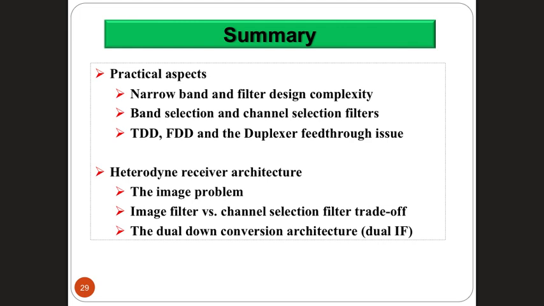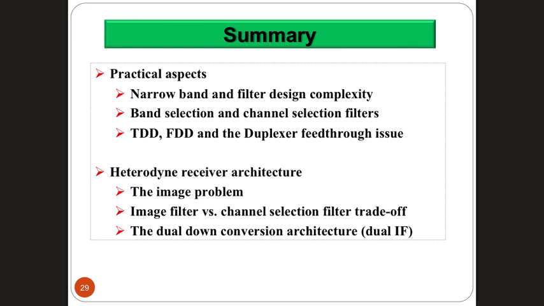Then we moved to the first architecture that can solve some of these aspects, even though it introduces its own challenges, which is the heterodyne receiver architecture, the one that brings the signal to an intermediate frequency and then does the channel selection at that point, making channel selection and the rejection of adjacent interference much easier.